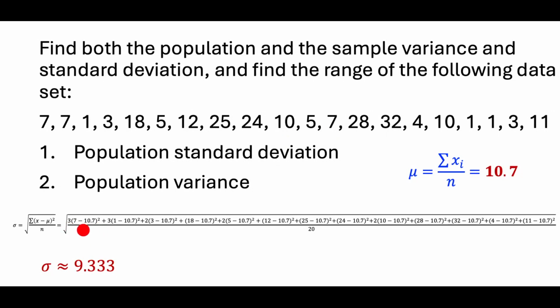And then we did the same thing, 1 occurred with a frequency of 3, so I put that in there too, the difference between 1 and 10.7 squared times 3, and so on with all the different data points. And dividing by 20, when you do all that calculation and put that into your calculator, you're going to get approximately 9.333 if you round to 3 decimal places.